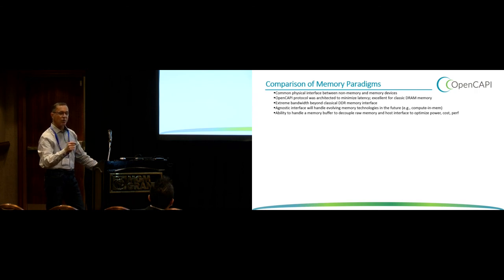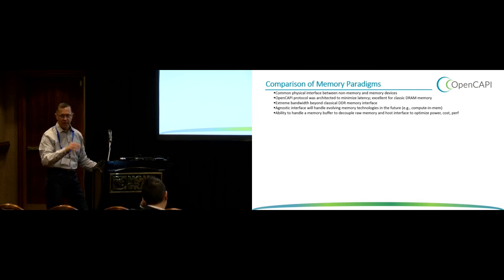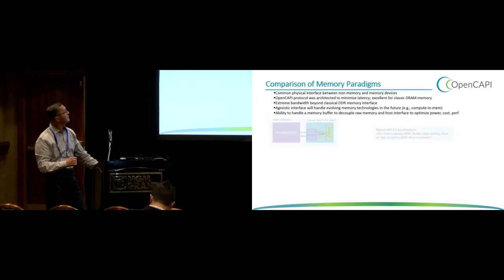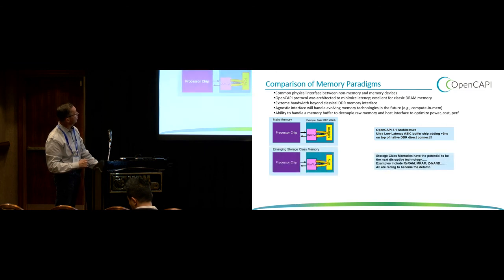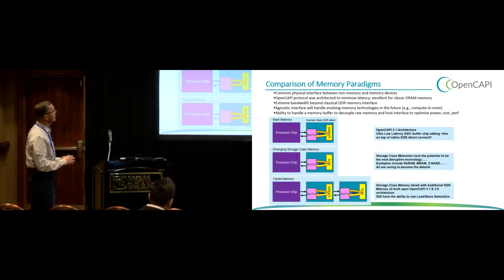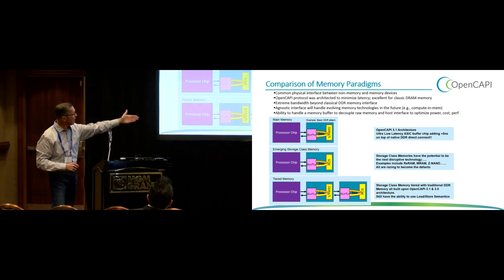It's agnostic, so as this emerging memory technology continues to emerge with new technologies coming out, this bus will be able to handle it because it is agnostic, and it separates the buffer from the raw host. Okay, optimize your cost performance. Here's just examples, and I think we touched on all these. But one I didn't touch was tiered memory. You could have a tiered memory approach now, where you could have some nearby your classic DDR memory, but then you could have storage class memory beyond that. There's a lot of interest in this from some of the large data center guys too.